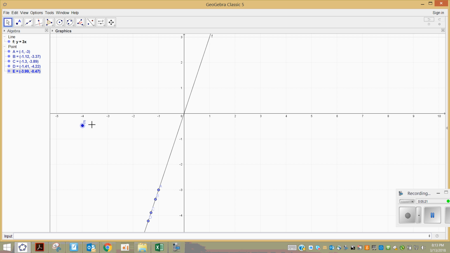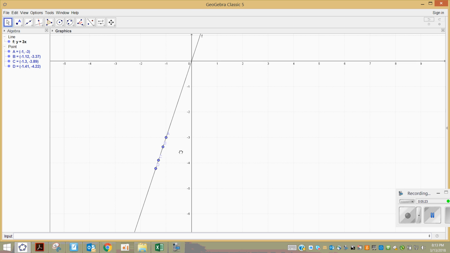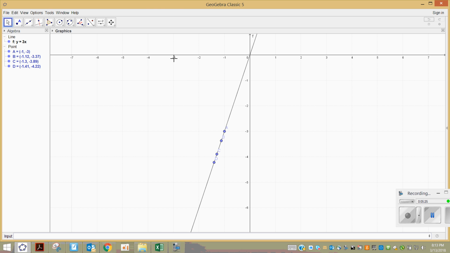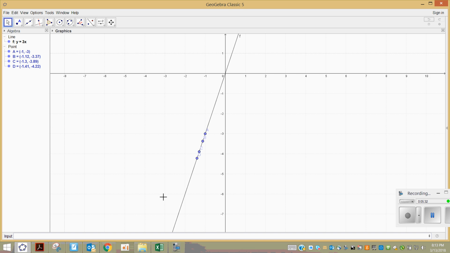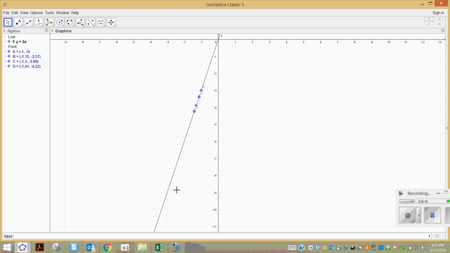Get rid of that. So I'm going to move this a little bit so we can see better. So here at x equals negative 3, if I follow the graph down here, there is a point on the line 3 times x.